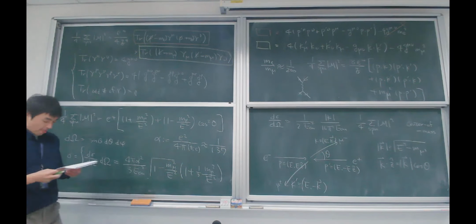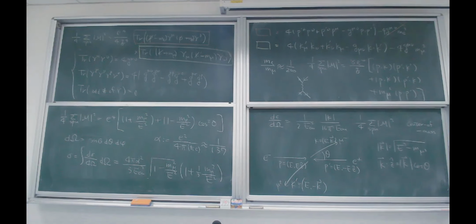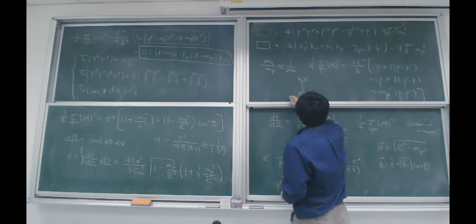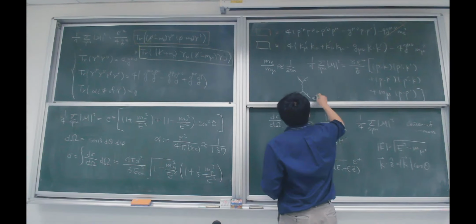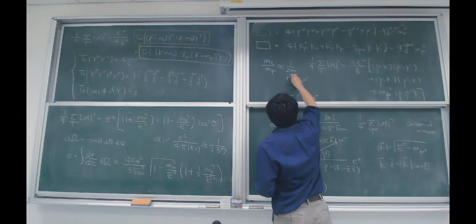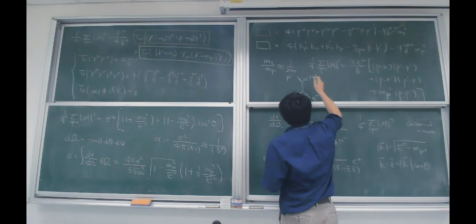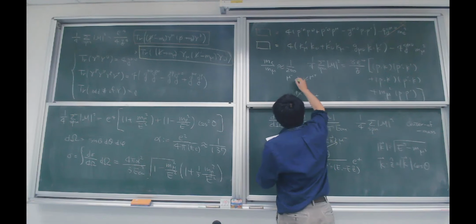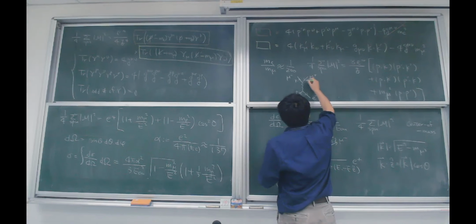And then five minutes are left, so I will explain the crossing symmetry. So we evaluate this one: e minus e plus to mu minus mu plus, with P, K, K prime.